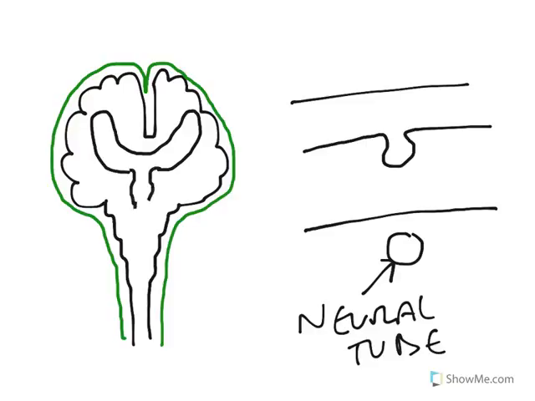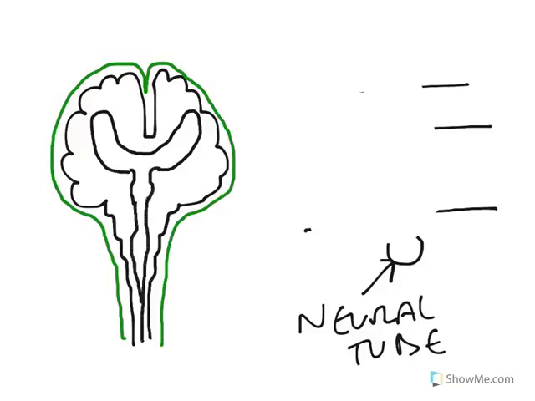So let's draw the third ventricle, and that's connected in turn to the fourth ventricle via this thin channel. And then the fourth ventricle is continuous with the spinal cord, becoming what's known as the central canal of the spinal cord. So let's just recap those names. Let's get rid of all this.